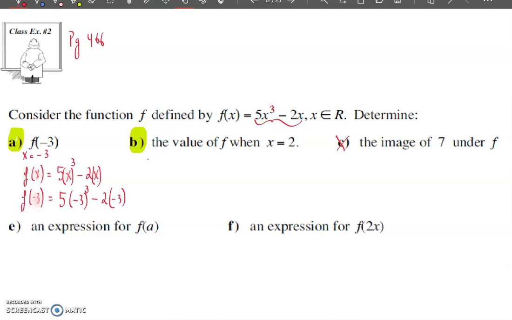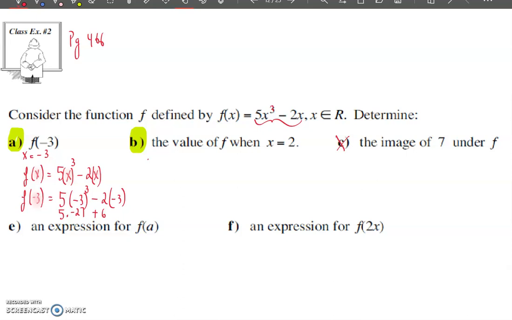So what will this give us? Again, remember, if you put this in, you have -3 cubed. You can find what -3 to the power of 3 is. It's -27. So this is 5 times -27, and this is -2 times -3, which makes it +6.